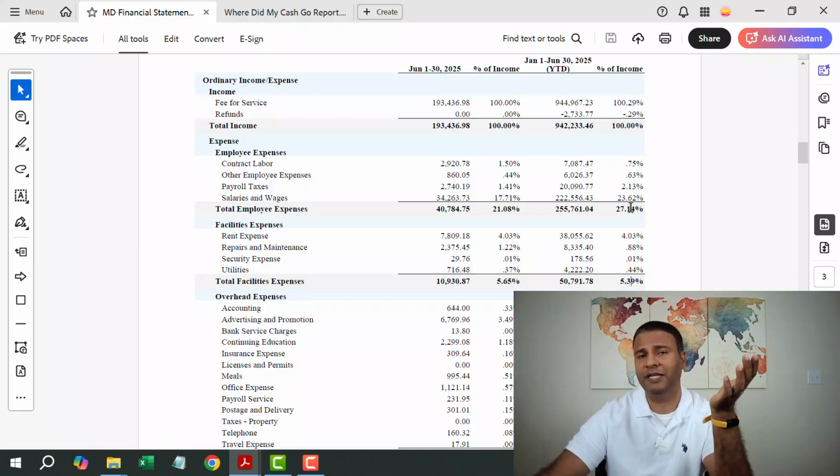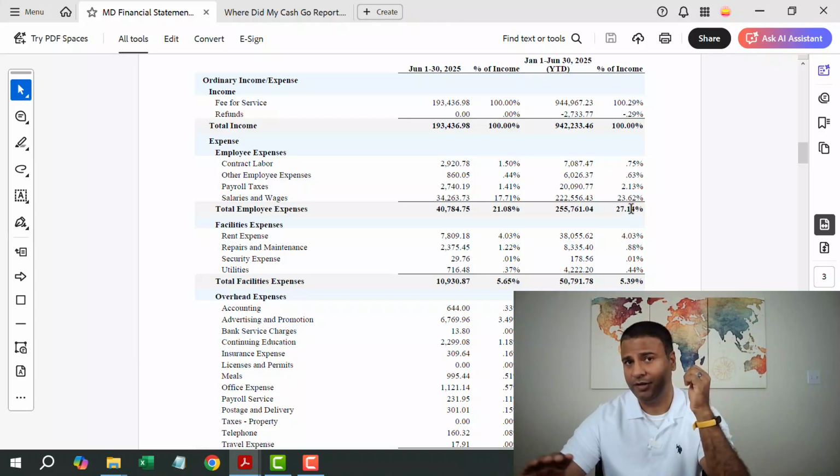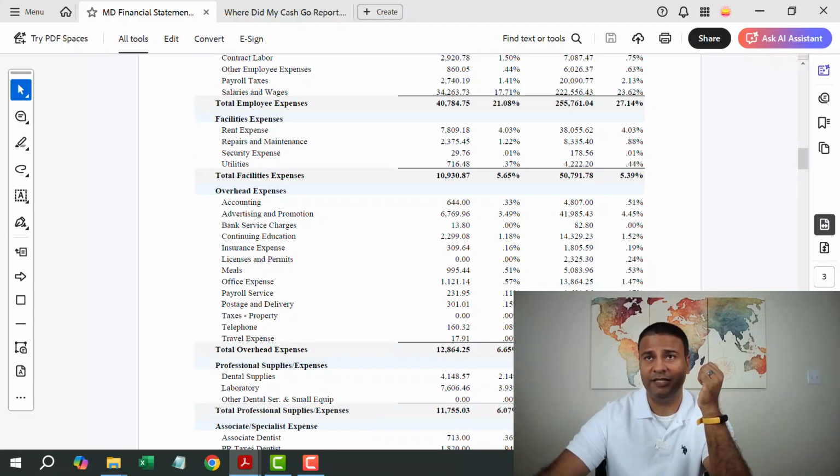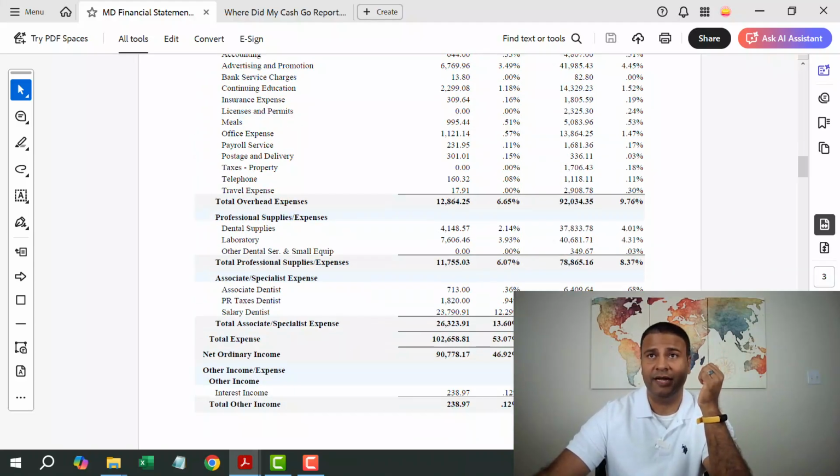We provide benchmarking analysis to our clients and let them know where these percentages should be. They want to make sure that they're around that, not way far from it. So you want to look at the employee expense percentage, the dental supply percentage, and make sure that you're in that range.